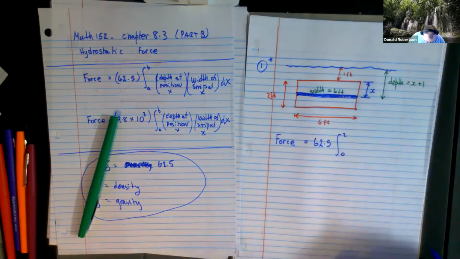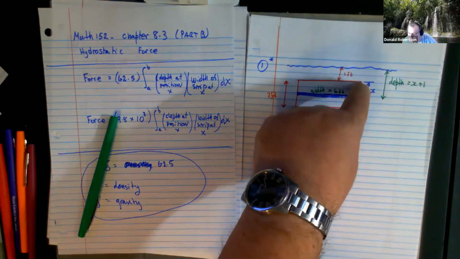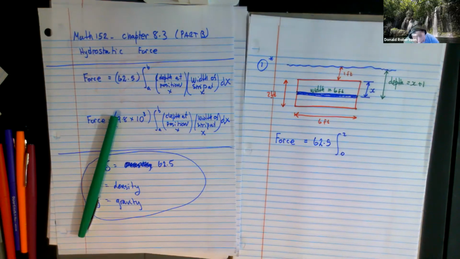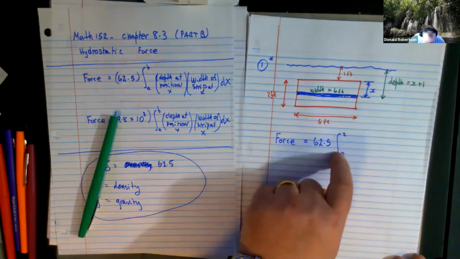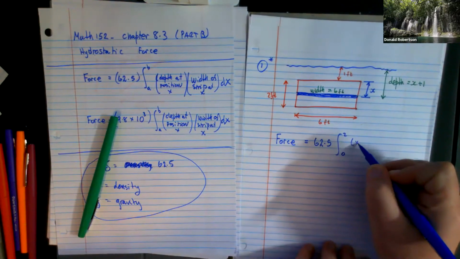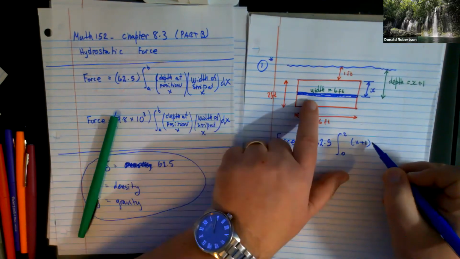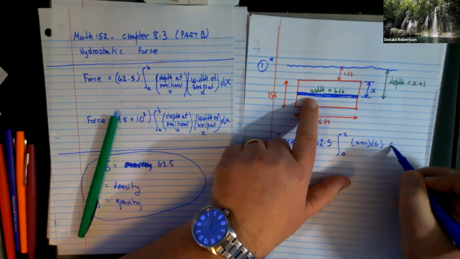Would you agree, this shape, 0 to 2? So that's what these two limits are. Depth at position x is x plus 1, multiplied by the width, which is 6, dx.